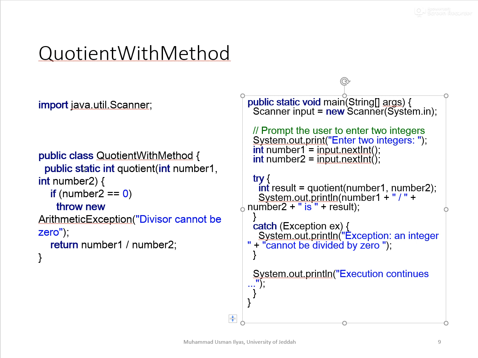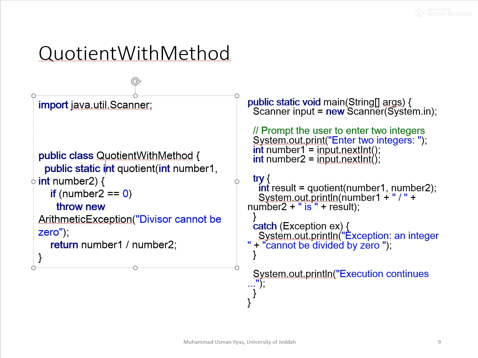So let's go into the quotient method. That's this one over here. The quotient method returns an integer and takes two arguments of type integer, number1 and number2. And in here, we have an if condition.